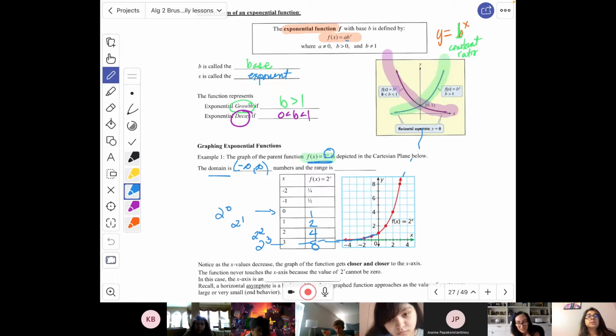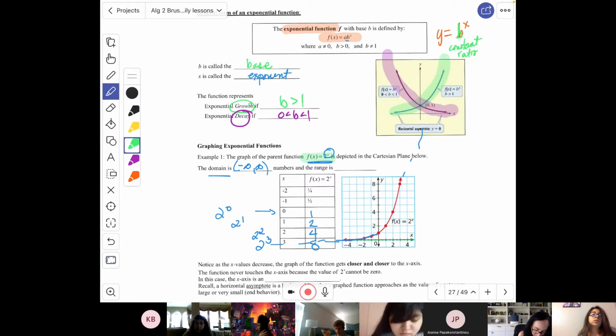Am I ever going to cross the x-axis? Am I ever going to touch the x-axis? No. I'm going to get teeny, tiny. 2 to the negative 5 million is going to be a teeny, tiny number, a little bitty fraction, but it'll never equal 0. So something very special happens in these instances.